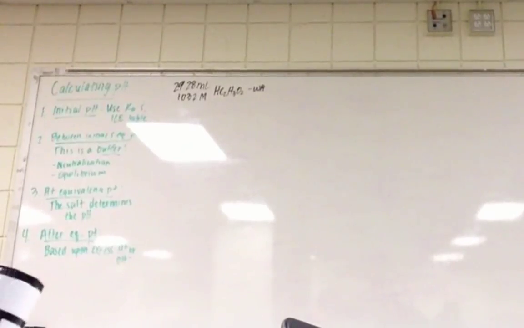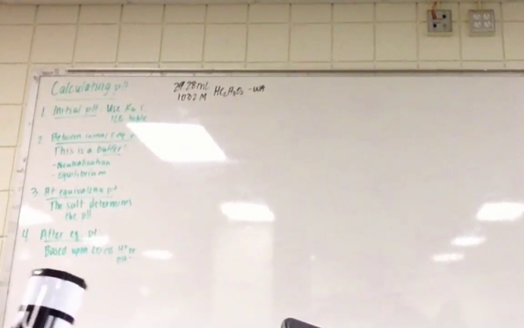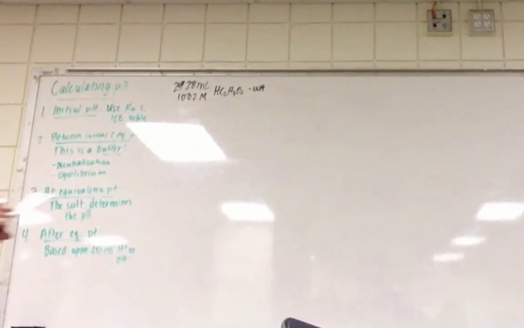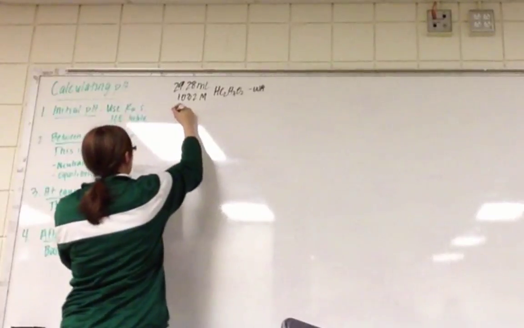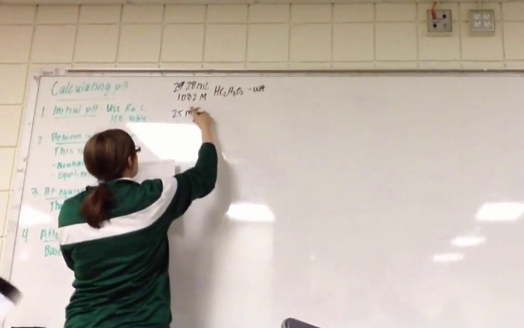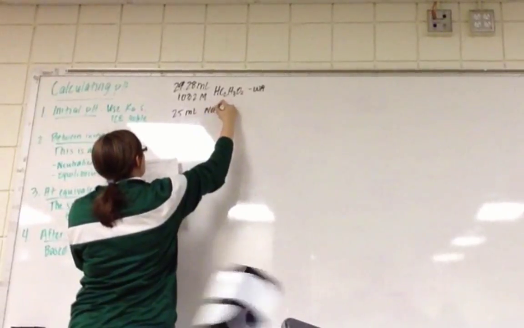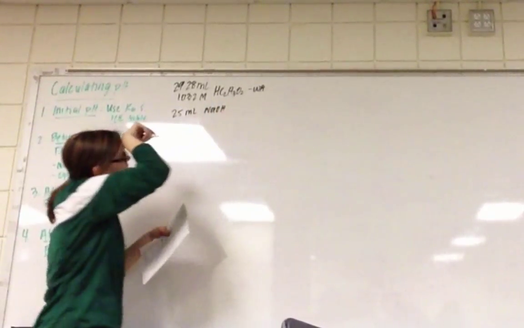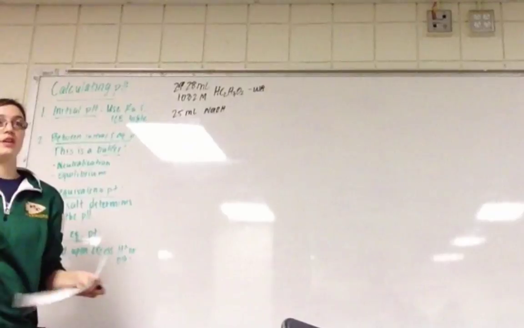Is titrated to the equivalence point. It already tells us we are at the equivalence point. So there's no guessing involved now. With 25 milliliters of aqueous sodium hydroxide. Okay, so all we know is that we have 25 milliliters of NaOH.